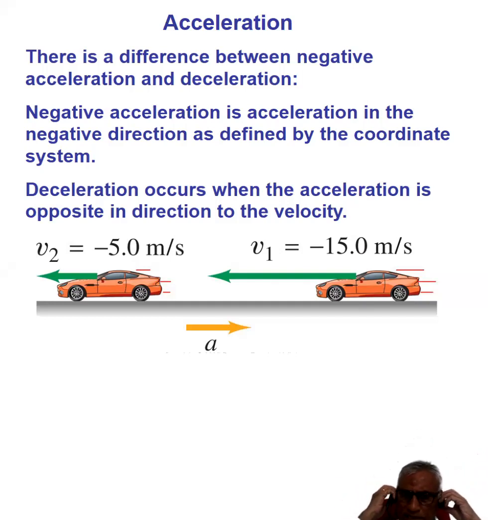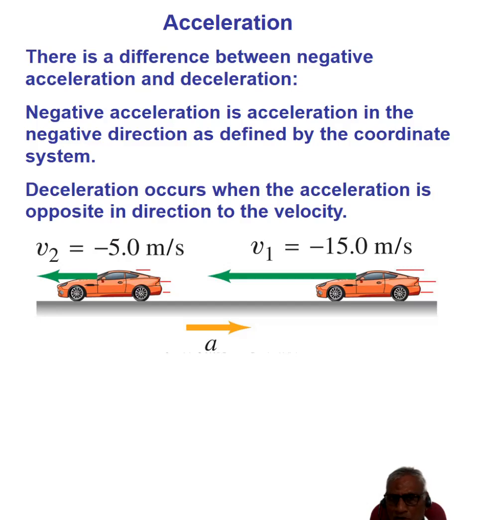So here it is moving to the left with velocity 15, that means it has a speed of 15. Then we have an acceleration, that means a change in velocity in the positive direction, so it is opposite to the velocity. So it is decreasing. After 2 seconds, it becomes 5 meters per second and still in the minus.